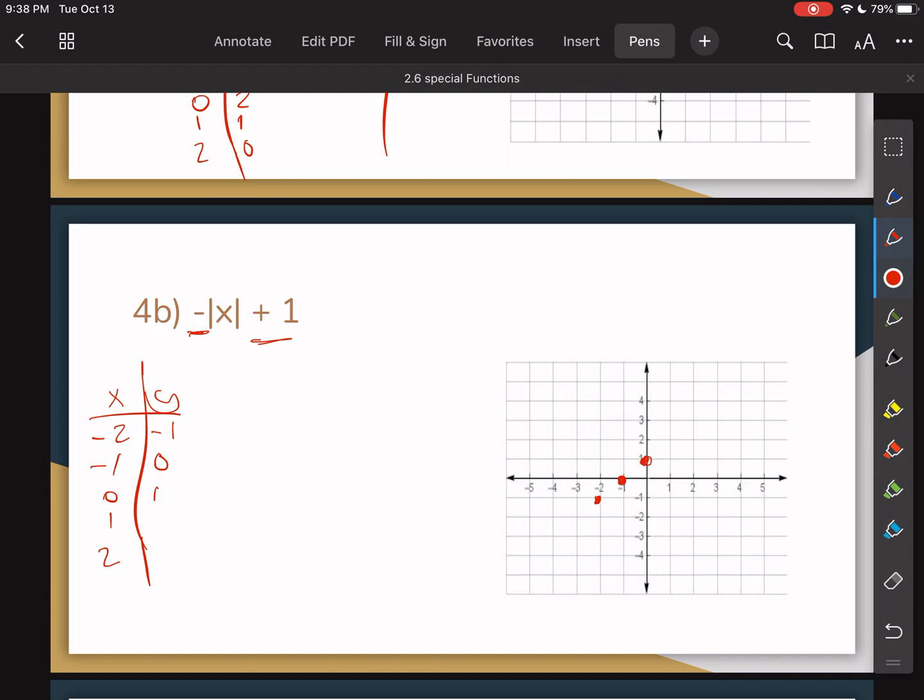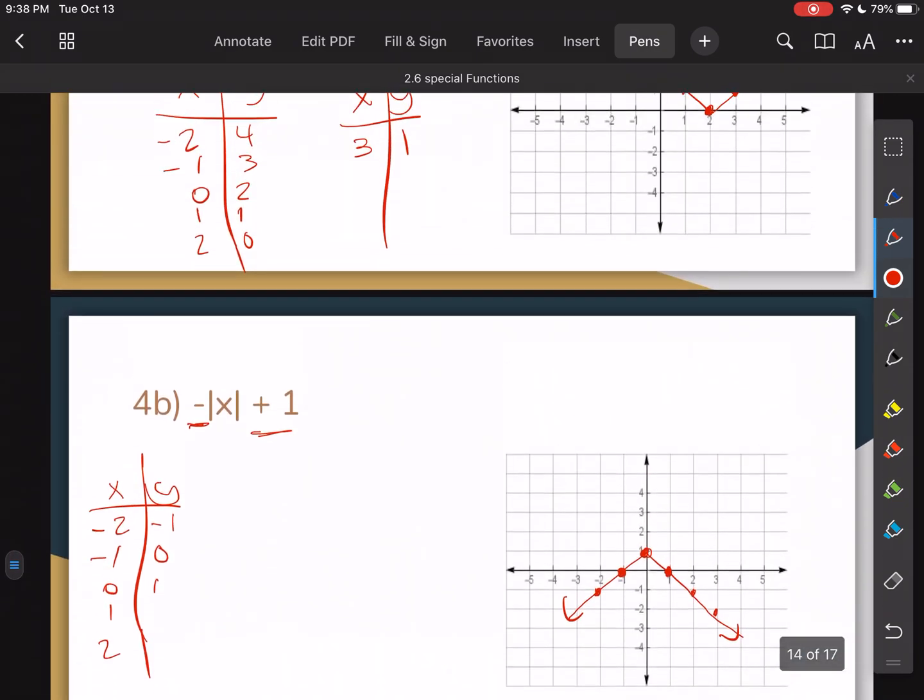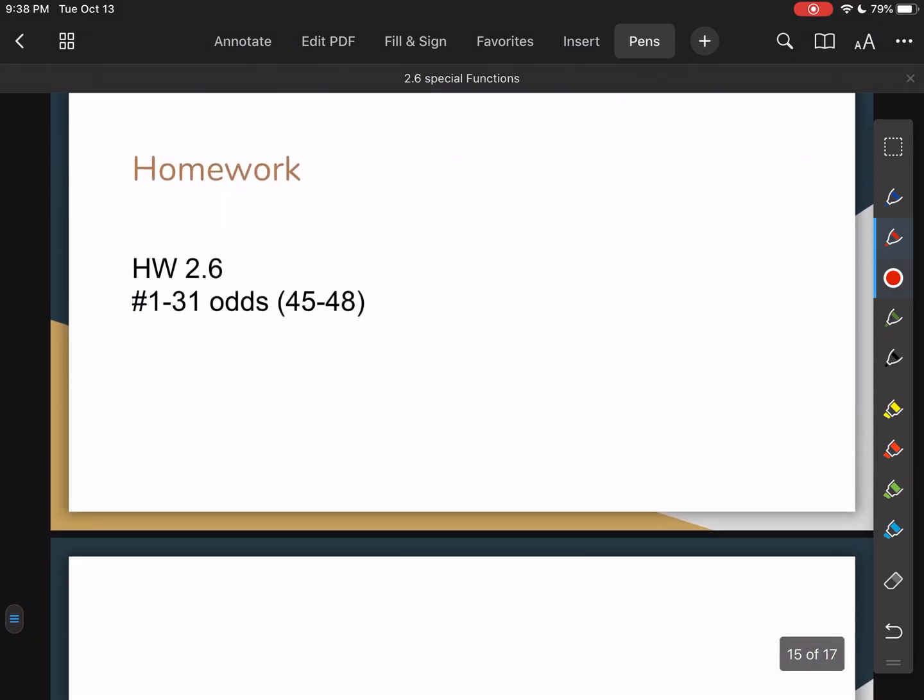If I plug a 1 in there, the absolute value of 1 is 1, that's negative. Negative 1 plus 1 is 0. So at 1, I'm at 0. And look, there's our V shape. Now that I've got that, I can kind of guess where that's going to go next. And we're done. That's how you would graph absolute value functions.